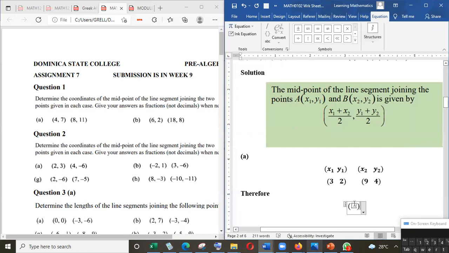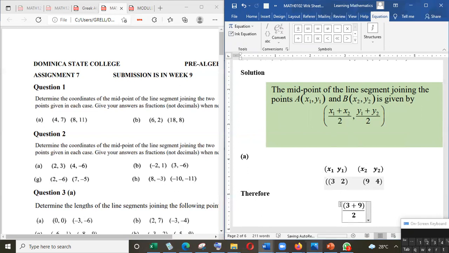All right. x1 is 3. 3 plus, and we are using brackets, 3 plus x2. x2 is 9. 3 plus 9 divided by 2.